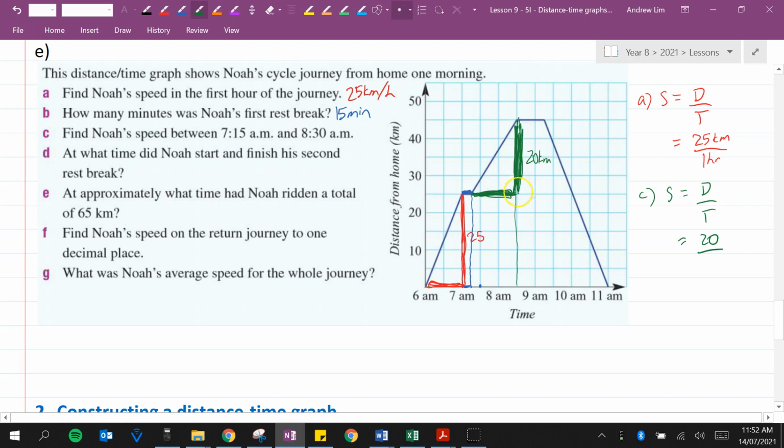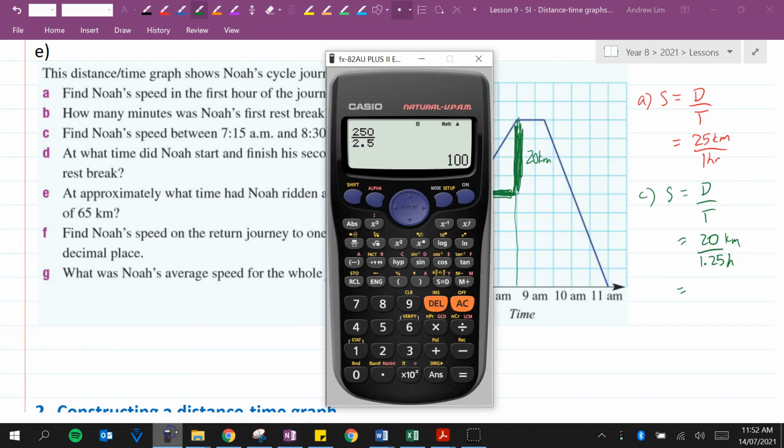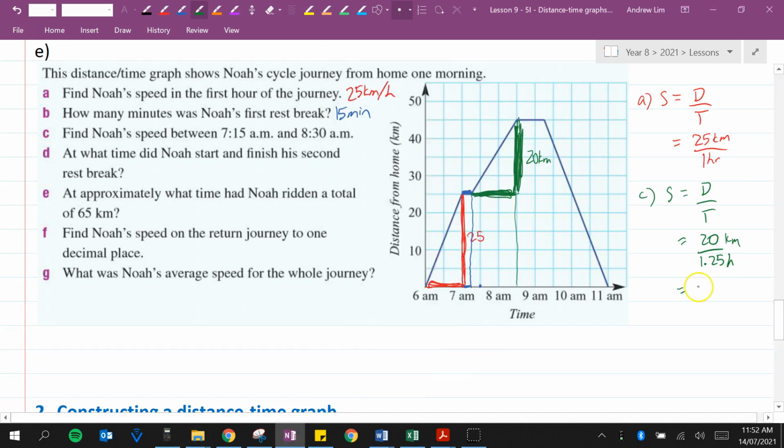From 7:15 to 8:30, that's 1 hour and 15 minutes, or 1.25 hours. Remember 15 minutes is 1/4 of an hour, so it's 1.25. So 20 divided by 1.25 is 16. So that's 16 kilometers per hour.